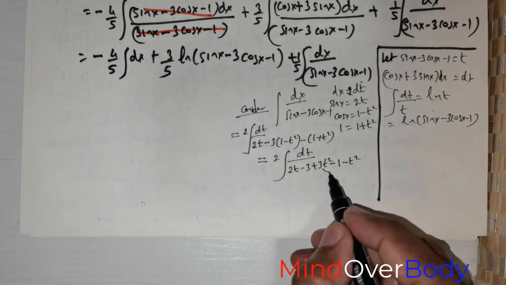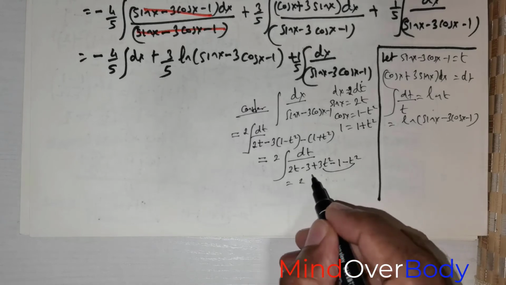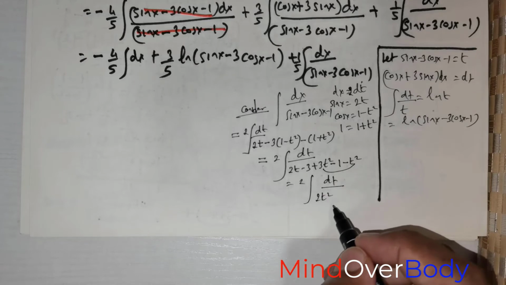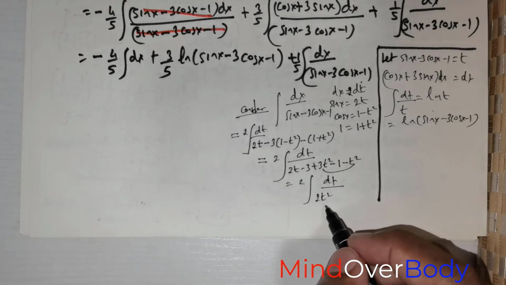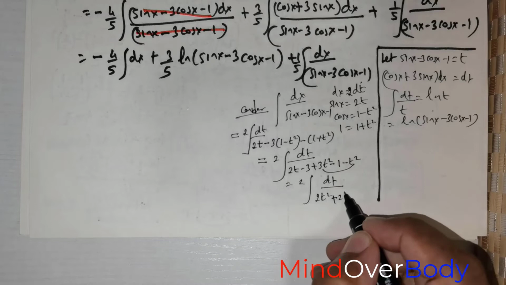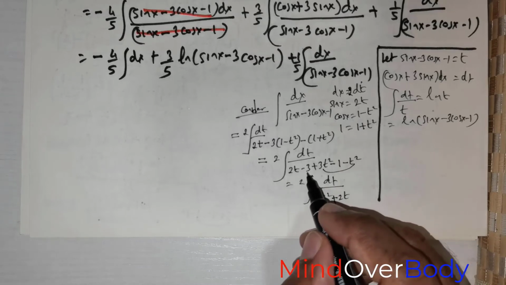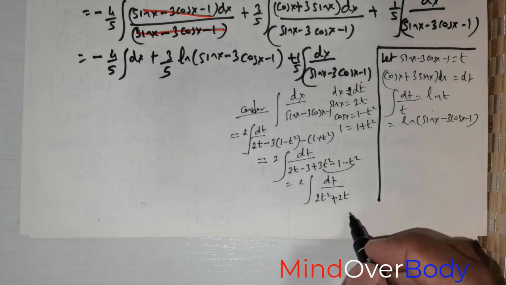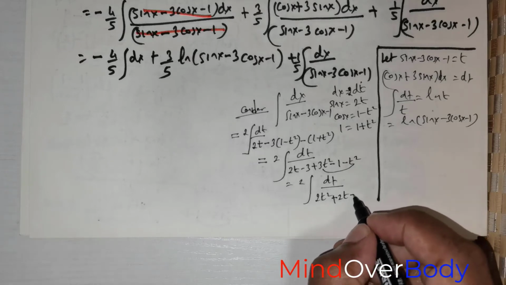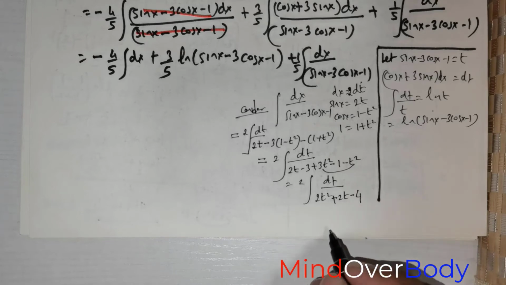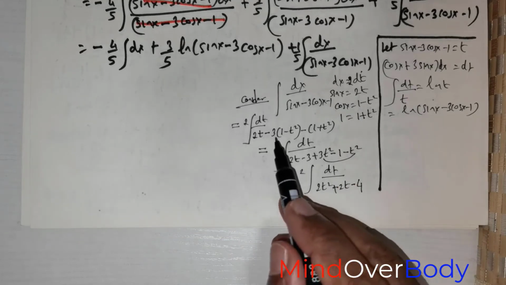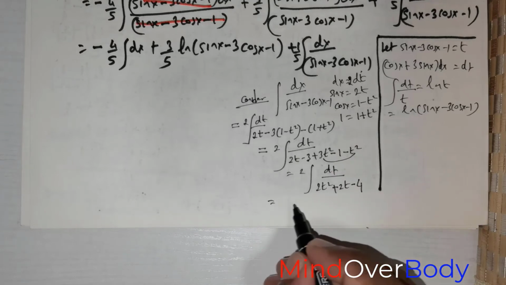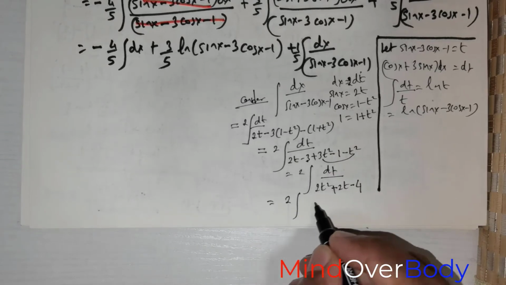So I can add 3t squared with t squared, that's going to give me 4t squared. And 2t, and then minus 3 and minus 1, that would give me a minus 4 there. Because this is producing a minus 3, this is giving me a minus 1, so that's fair enough.